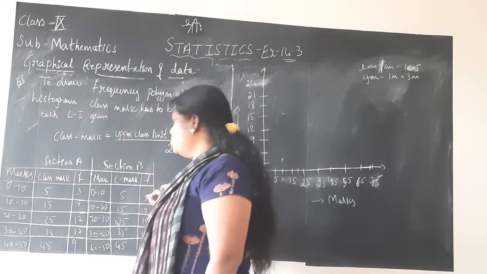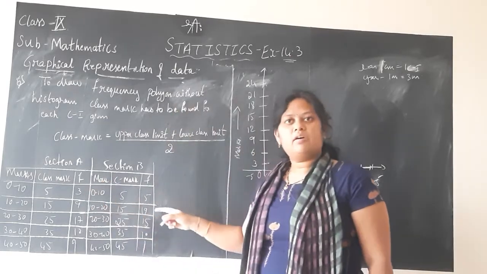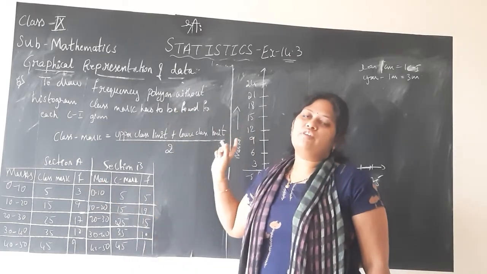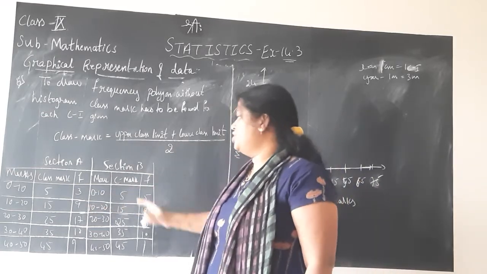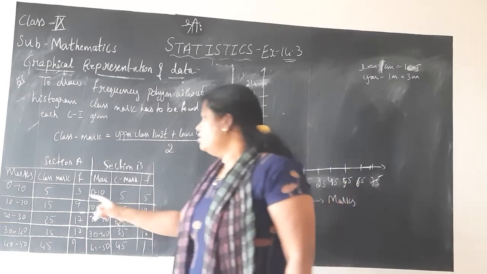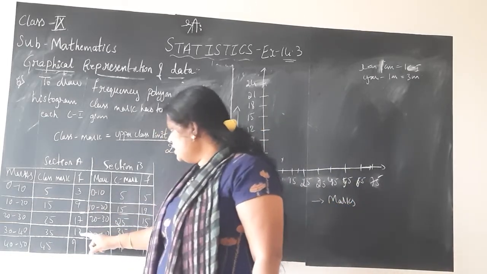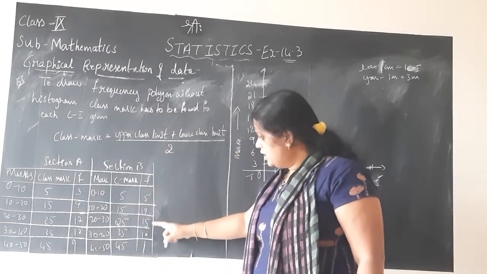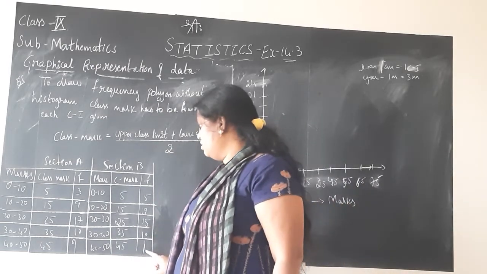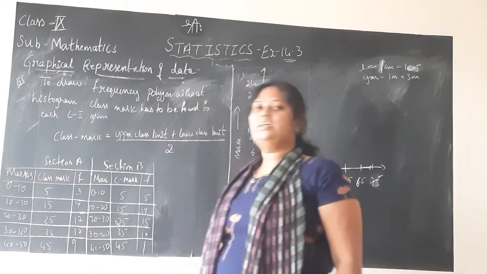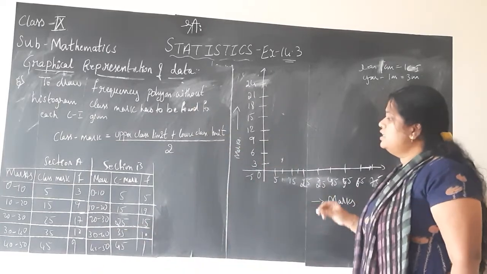From both the sections you have to consider the frequency column in order to choose the scale for the y-axis, as we are plotting both the frequency polygon curves for section A and B in the single graph. Here 3 is the least, highest is 17. Here 1 is the least, highest is 19. So least is 1, highest is 17.